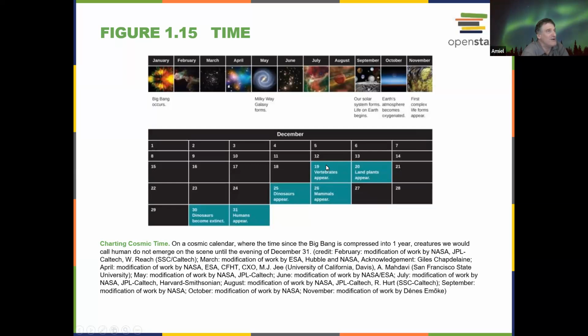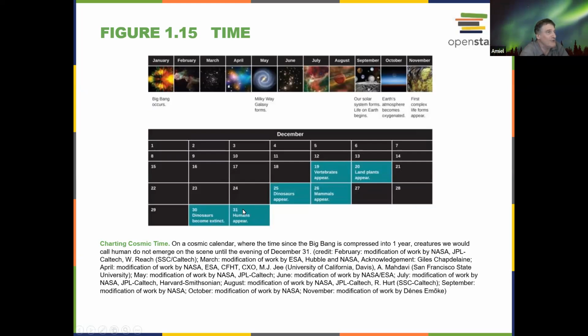On December 19th, the vertebrates appear. On December 20th, something could finally pop its head out of the water because the Earth developed an ozone layer, and land plants appear on December 20th. The dinosaurs appear on December 25th. Mammals appear on December 26th. The dinos became extinct on December 30th.